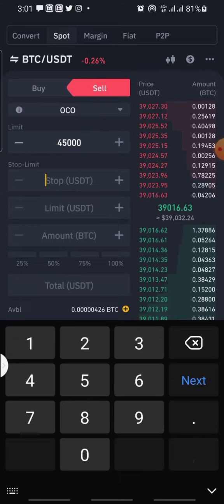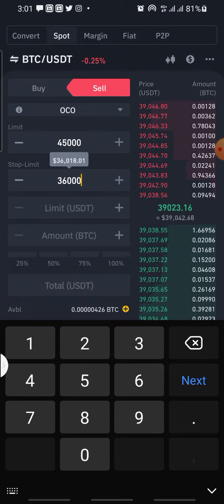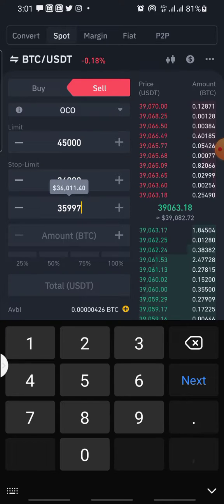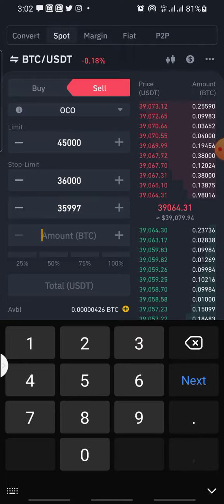So this stop, like I explained in the stop limit order, should be your trigger point. You can say anytime the market goes against me, when it goes back to $36,000, let it trigger to the market order, to the order book. So you can set here $35,907. Here is the amount you put.